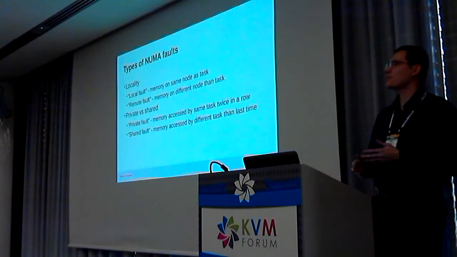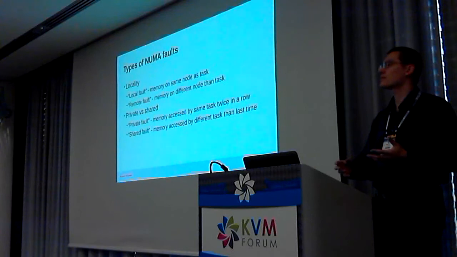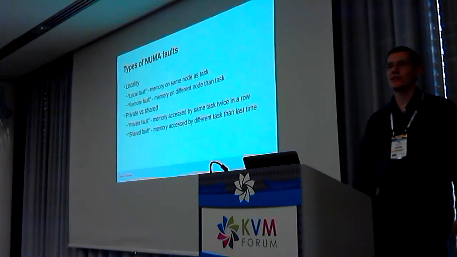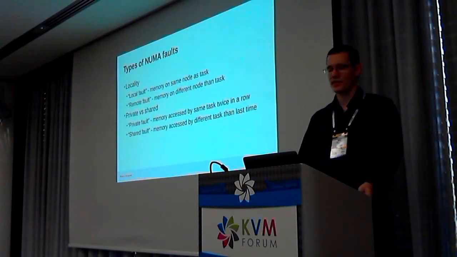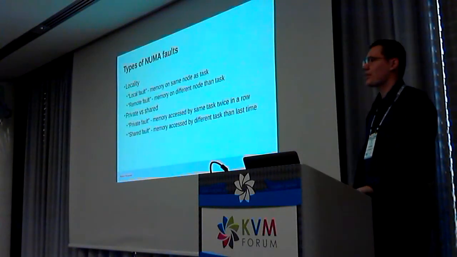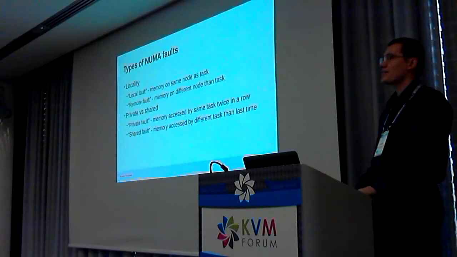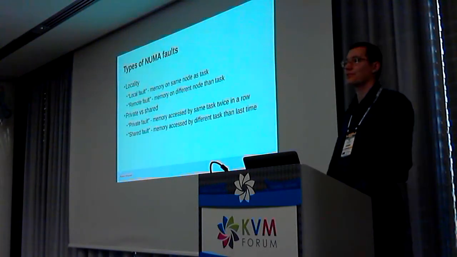If a task has too much of its memory running remotely, then we should probably scan more often, figure out what is going on, and correct the placement of the task. And the same thing is private versus shared. If you are dealing with a multi-threaded program, like a KVM guest, you will have multiple threads accessing the same memory, and placement gets a little more complicated. And I'll slowly get into that further into the talk.